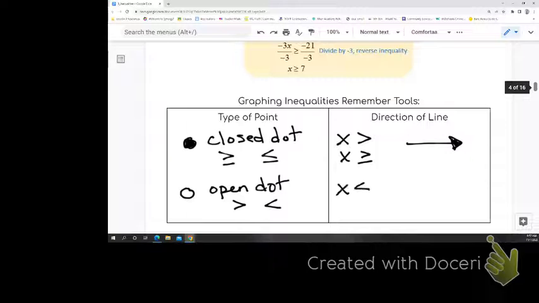And x is less than or equal is going to go this way. But now what we're going to do is solve a problem and then decide how the number line graph would look after we solve the problem.